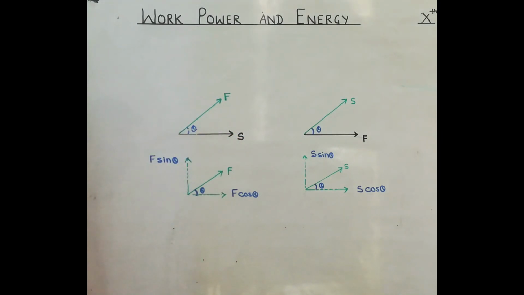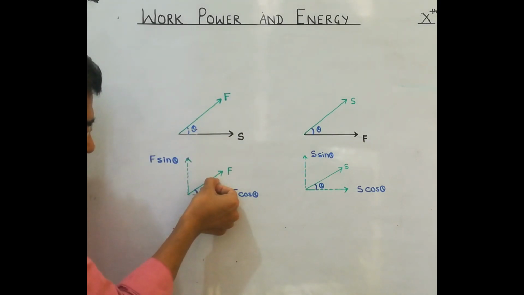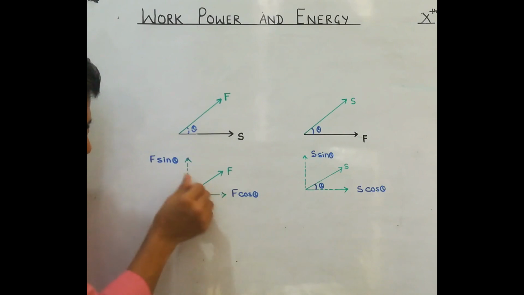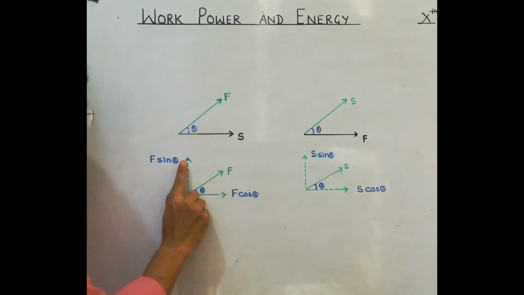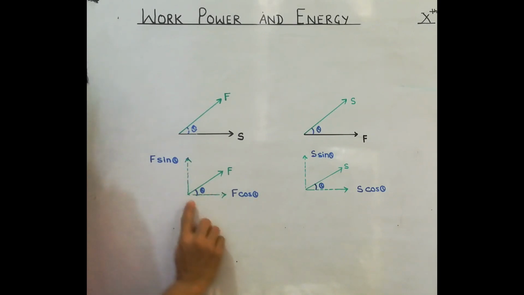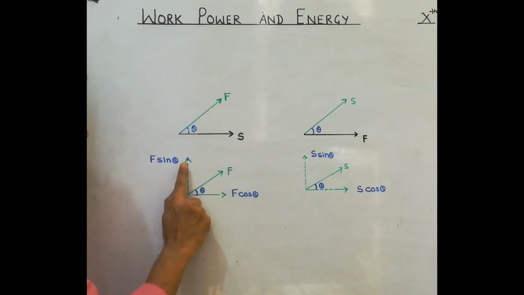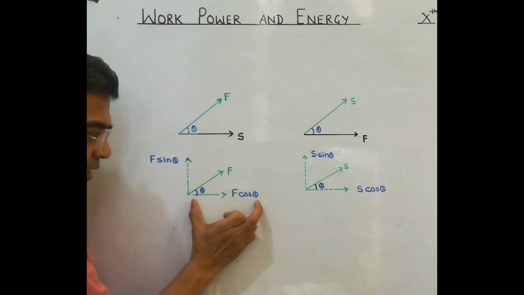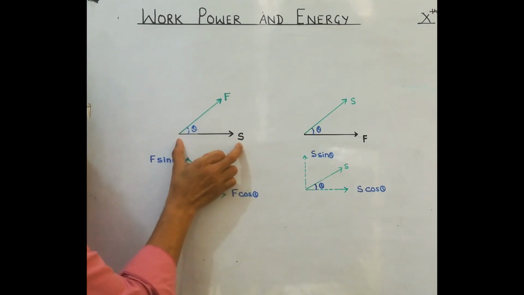Now see here, if this is the direction of force, we can divide this force into two components. One is the horizontal component and one is the vertical component. This is the horizontal component of force, this is the vertical component of force. Here we need that component of force which is in the direction of displacement.